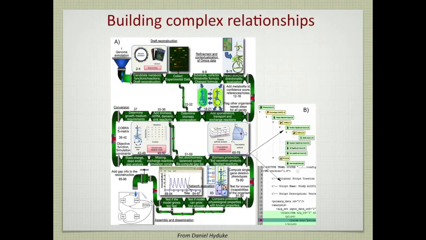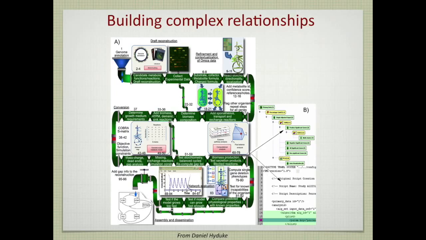One person doesn't do it. Normally, you have many people do it, often domain experts on particular gene products, downloading knowledge about them. And no one computational method solves all your problems. No one data type solves all your problems. So to achieve a good quality reconstruction, you have to go through a workflow.